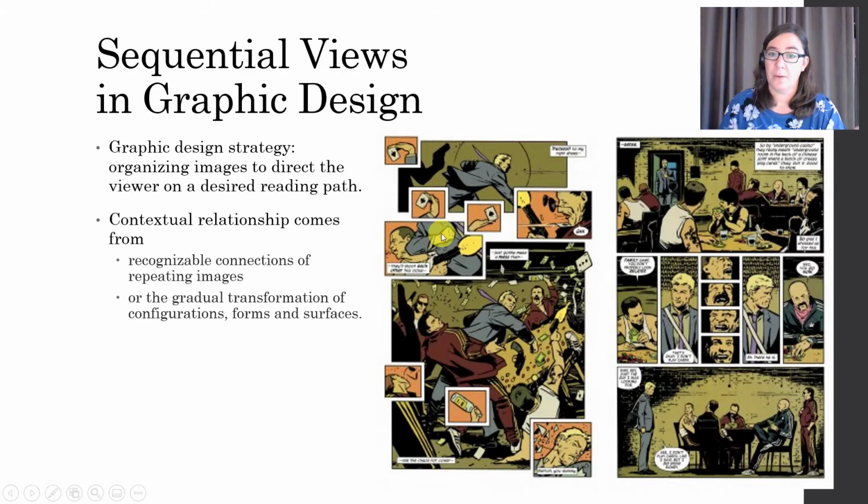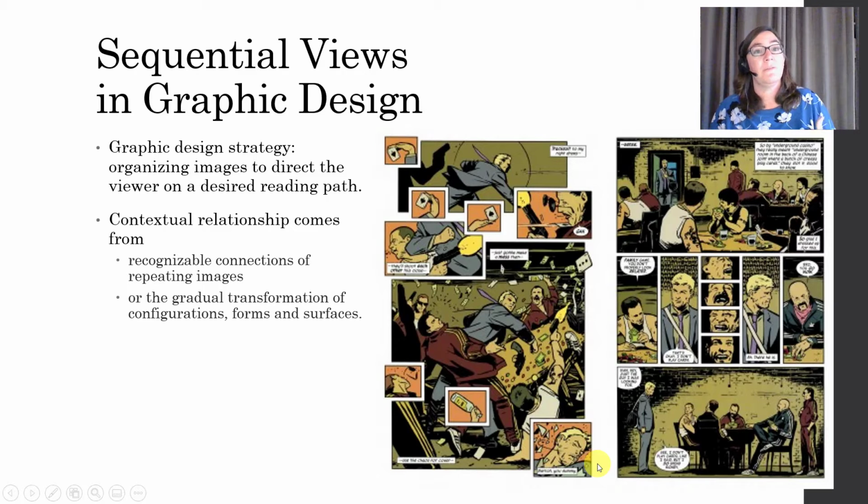My eye would follow this arcing path, drop down to this largest image, and finally exit the page down at the bottom right. So there's deliberately a desired reading path set up in this graphic design.